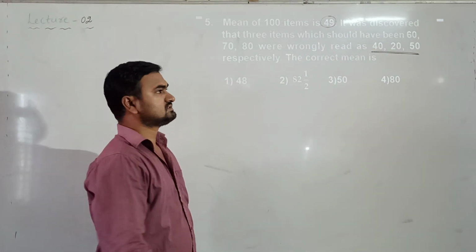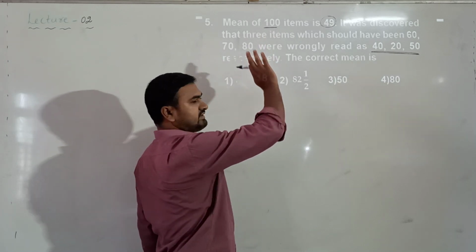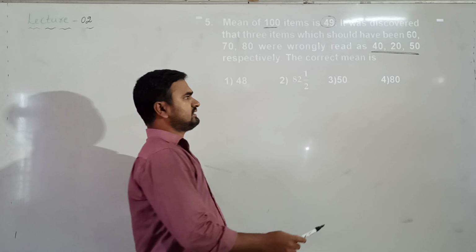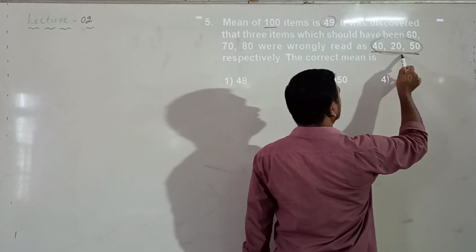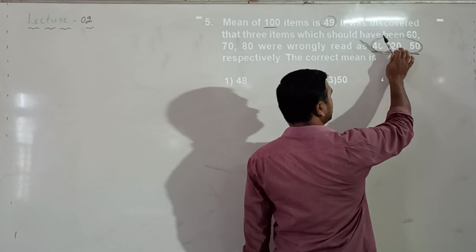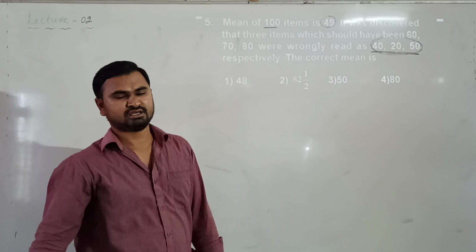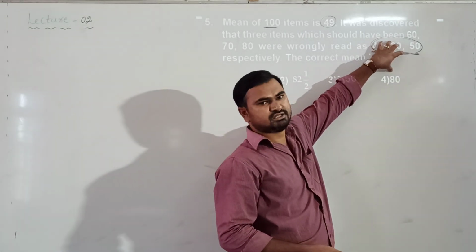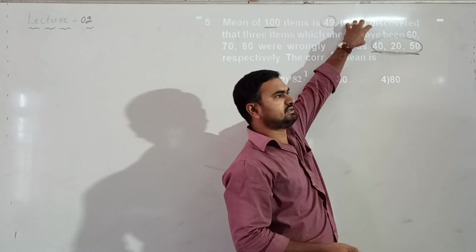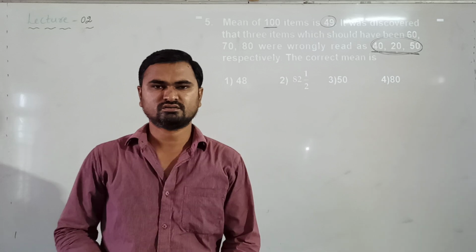So in that 100 items, 97 items are correct, but we have wrongly taken 3 items as 40, 20 and 50, and by taking these observations we got the mean as 49. Now in place of these wrong 3 items, if I take the correct 3 items, what will be the correct mean? So that we have to find.